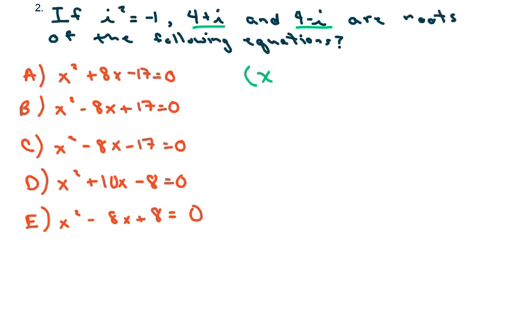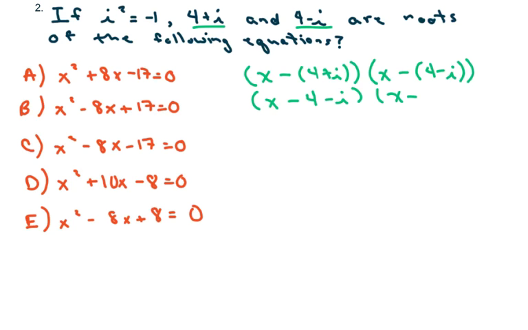So you're going to get x minus a 4 plus i times x minus a 4 minus i. Now I'm going to go ahead and simplify this, and you get x minus 4 minus i, and here x minus 4 plus i.